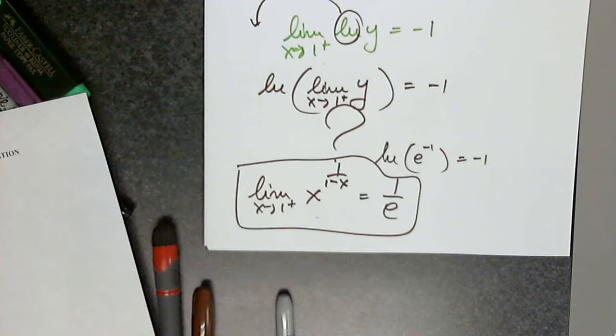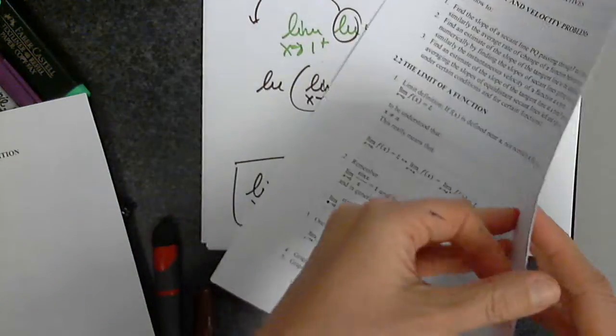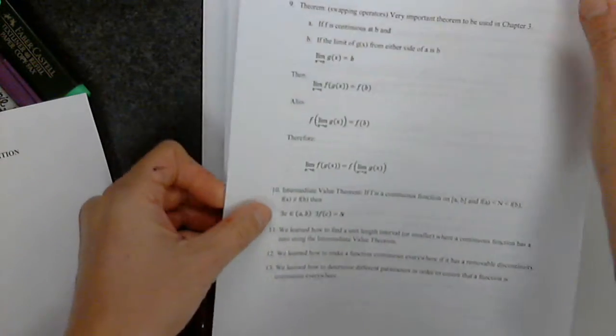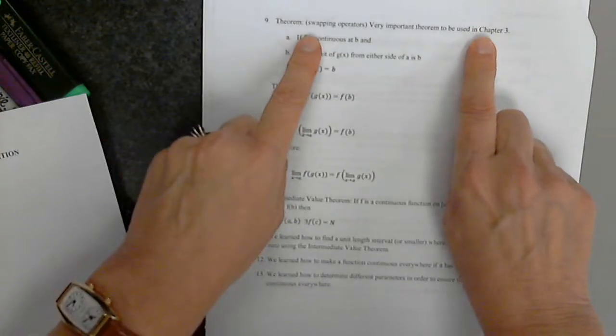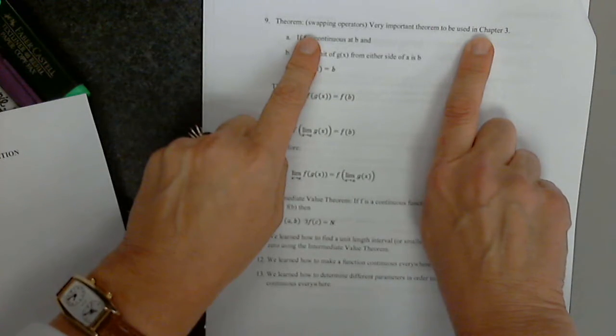Gotcha. Yes, Thomas? By continuous, do you mean like around 1? Yes. But the functions themselves have to be continuous. Very good question. So if you remember, in this handout, we looked at this very important theorem, and I said we're going to use it in chapter 4.